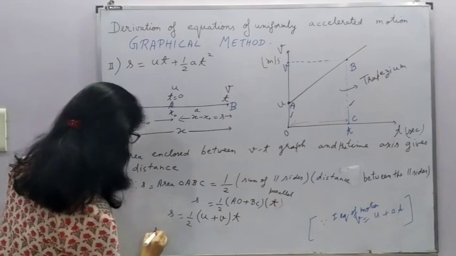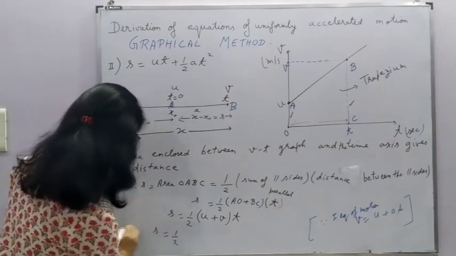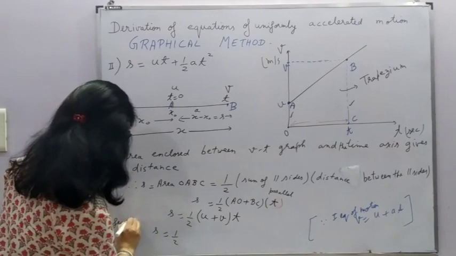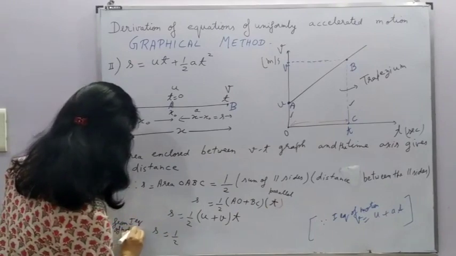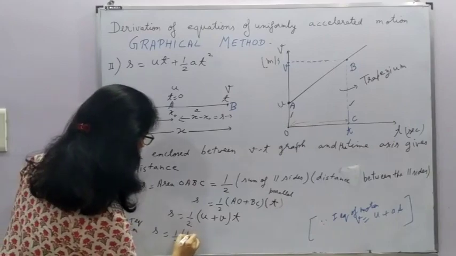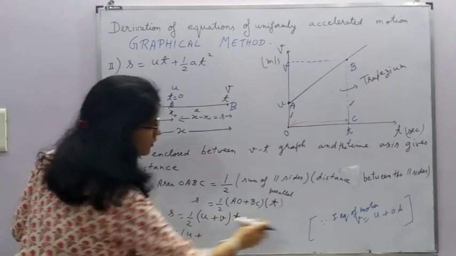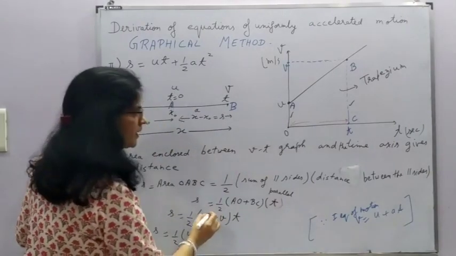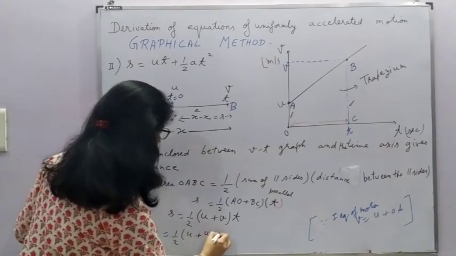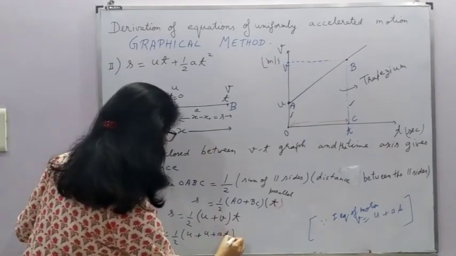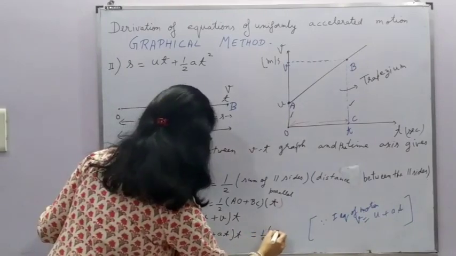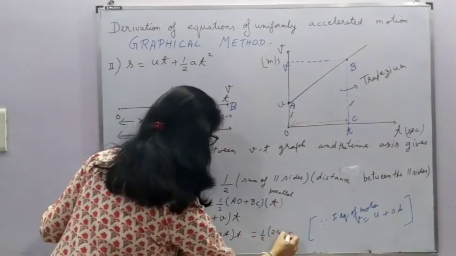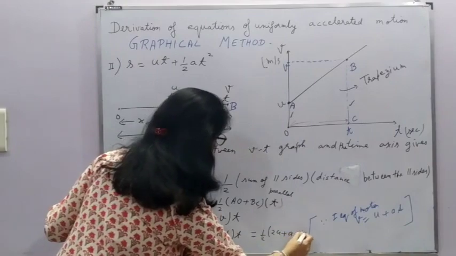So from the first equation of motion, half U plus, for V we are replacing U plus at, multiplied by t. So this makes it half 2u plus at into t.